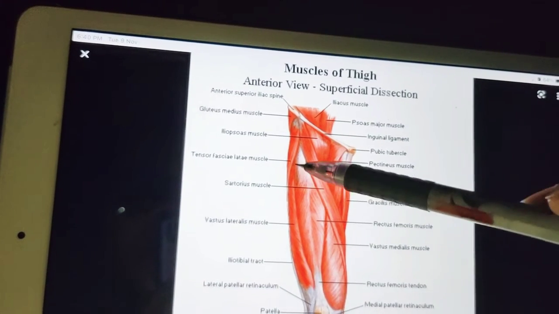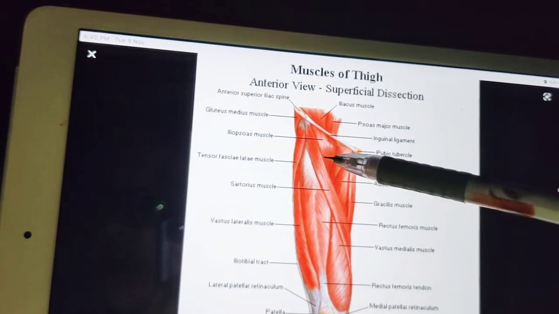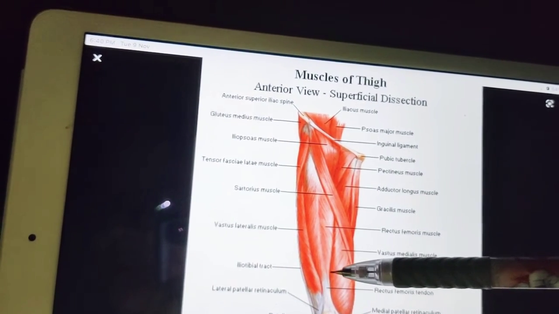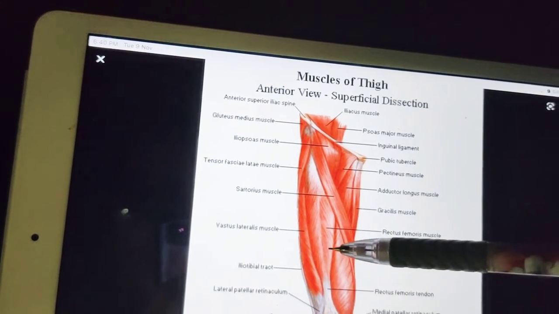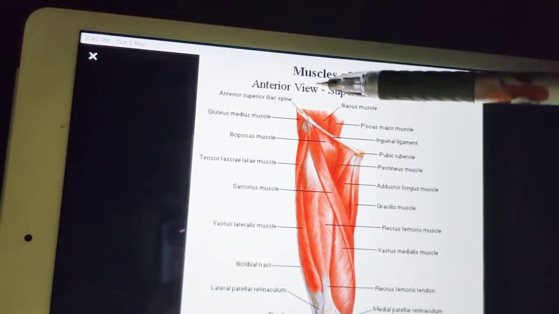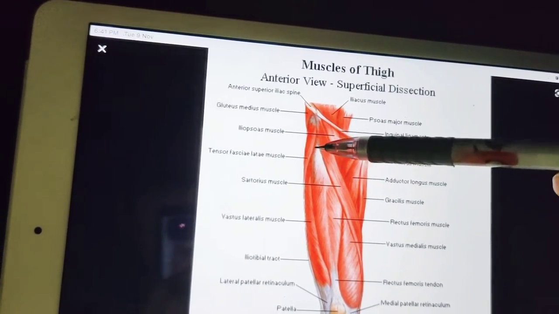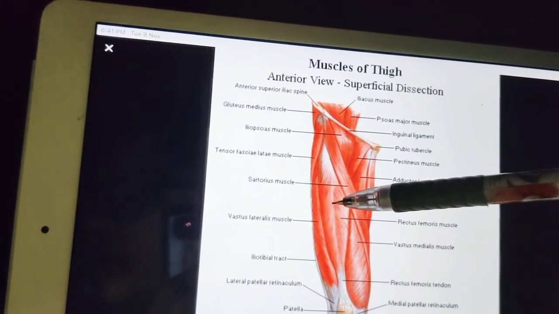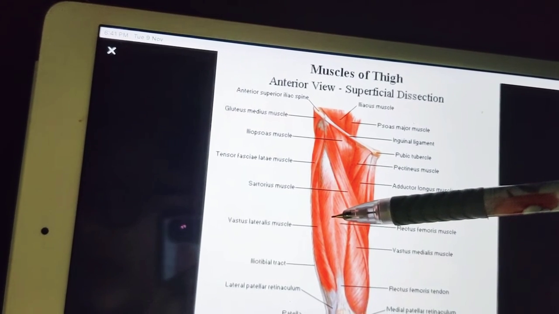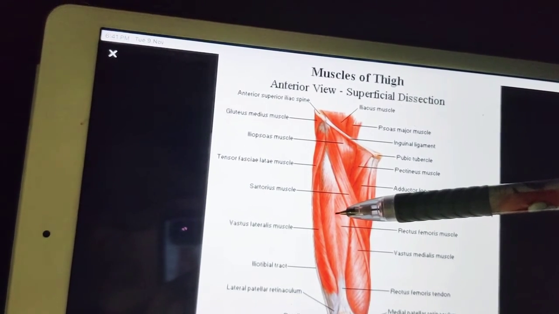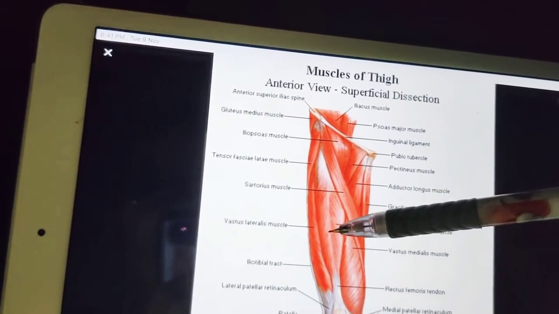Next, coming to the quadriceps femoris muscle. It is so called because it consists of four parts. One is the rectus femoris muscle, and next vastus lateralis and vastus medialis.